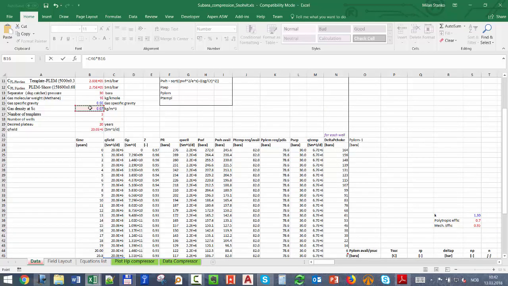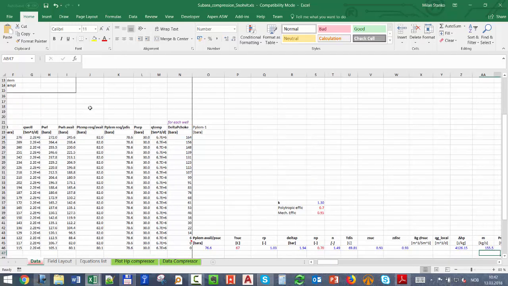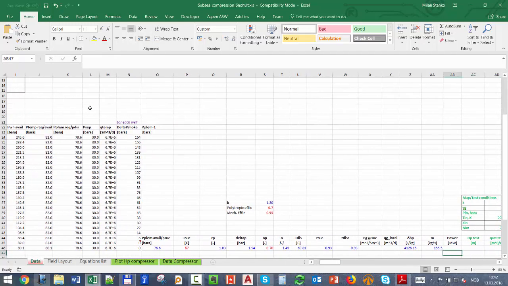And that's in days, right? So I have to change it to seconds. So I divide by 24 times 3600. And I got 155. And the power, what is the power?